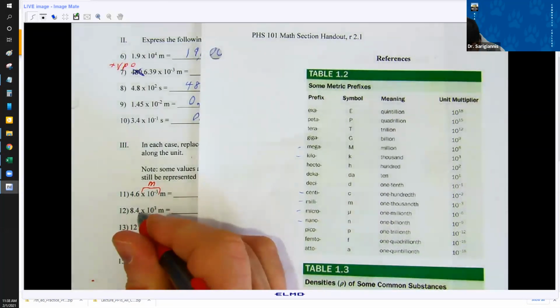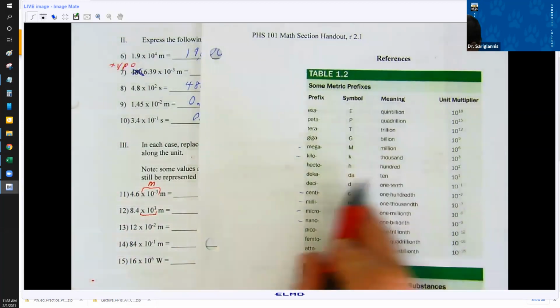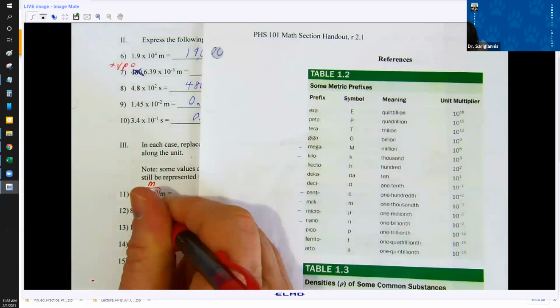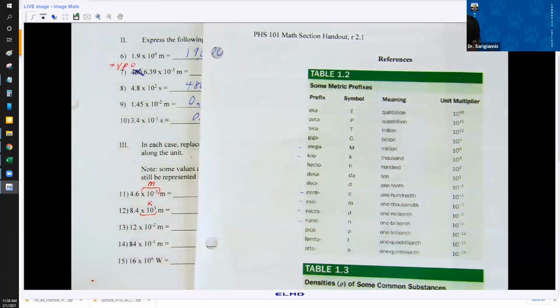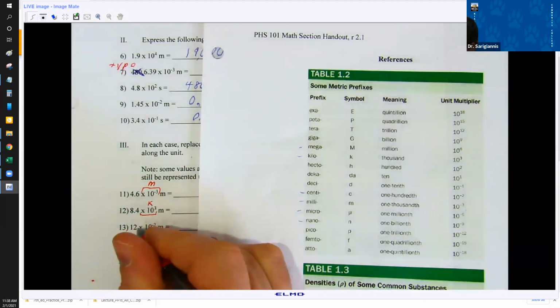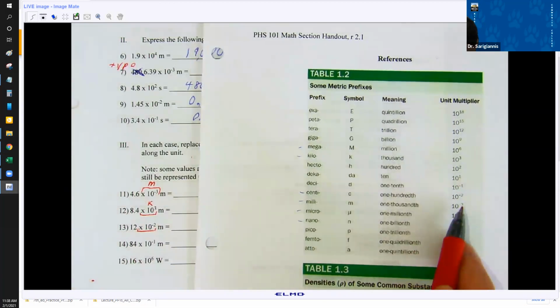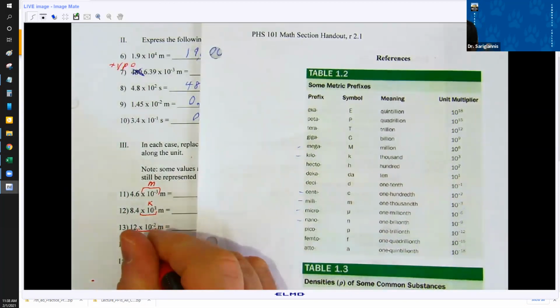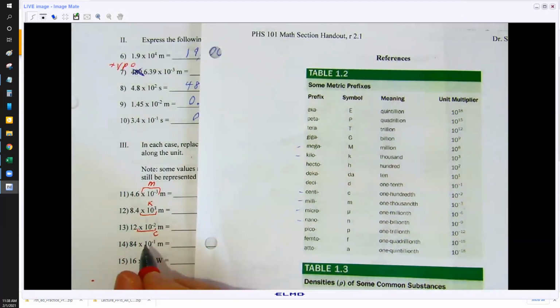Times 10 to the third, this is going to be a K, 1,000, so that's kilo. Times 10 to the minus 2. 10 to the minus 2, that's a centi. It's a centimeter.